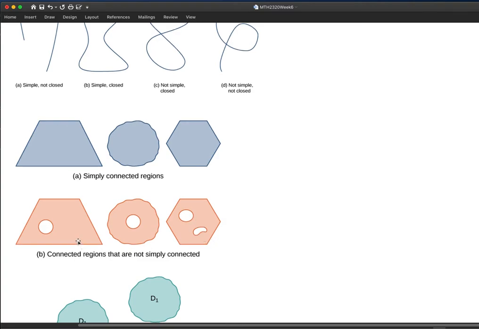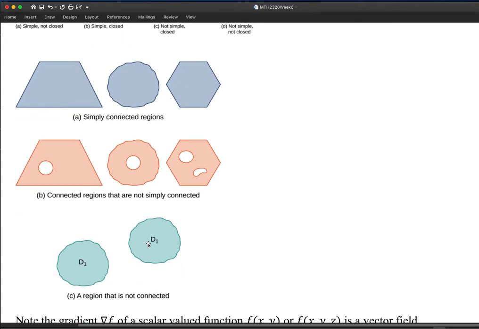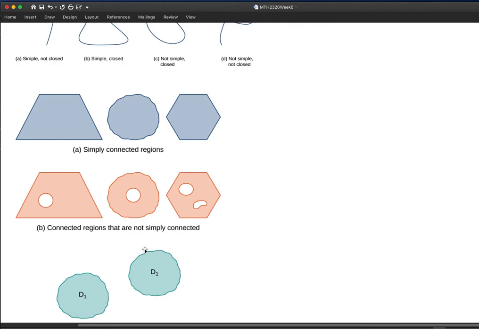They are connected, but not simply. And also, we do have the case of two regions that are not connected at all. These two together are considered one single region, so it is not connected. And again, for our purpose, including the type 1, type 2 regions we covered before, basically these are simply connected regions. Okay.